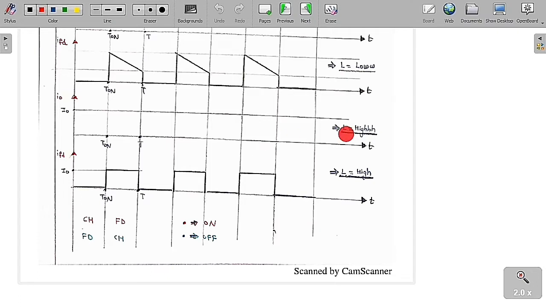Suppose the inductance is very high, what is going to happen? If the inductance is very high, then the output current will be almost constant. I0 is a constant current for all the time, because the inductance we have taken is a very high value. So the output current is almost constant with respect to time.